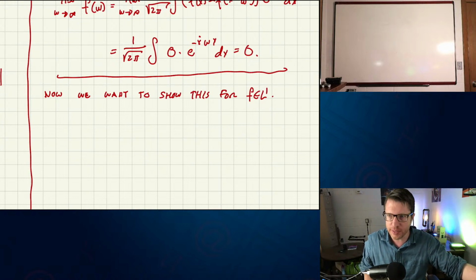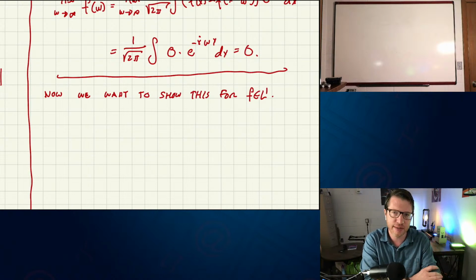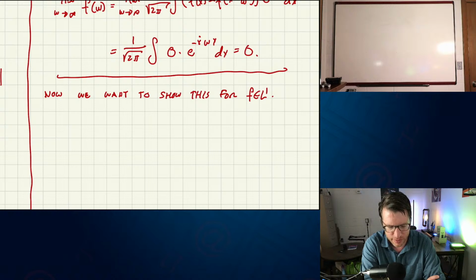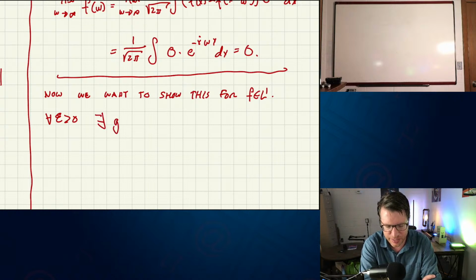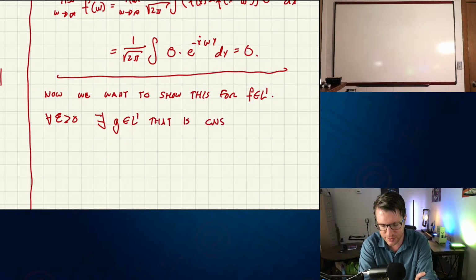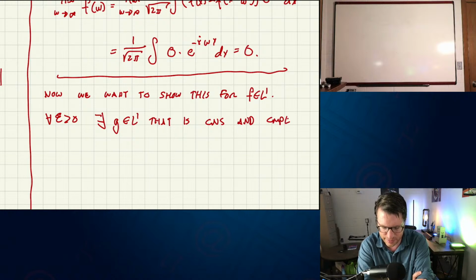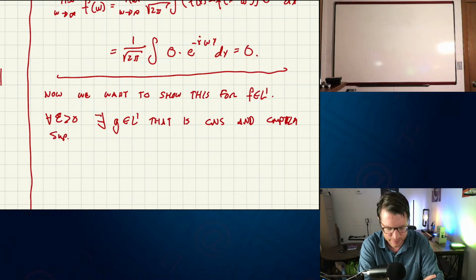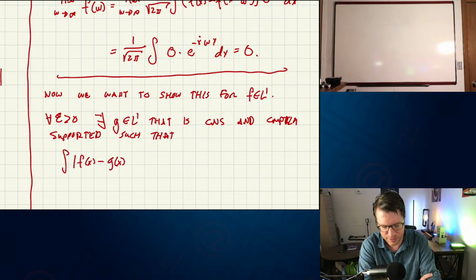So what we're going to be using is that for all epsilon greater than 0, there exists a g in L1 that is continuous and compactly supported such that the integral of the absolute value of f of x minus g of x dx is less than epsilon over 3, or epsilon, if we want.